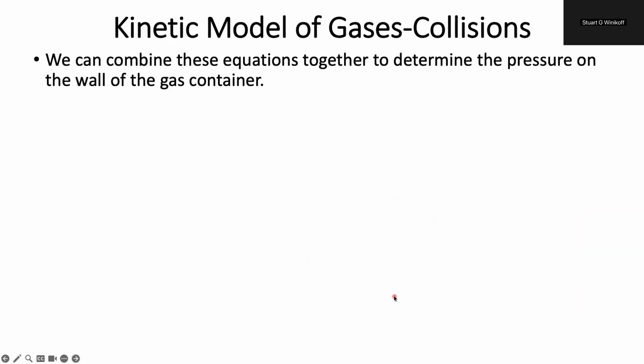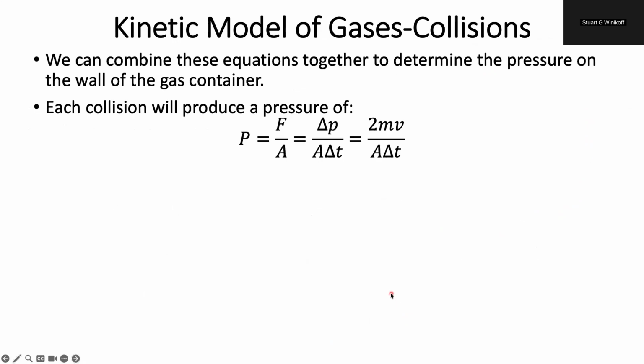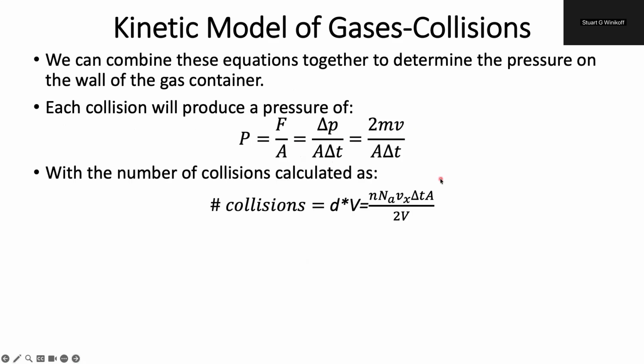Now let's go ahead and combine these equations for our volume and pressure. So again, the pressure is just force over area, which is just momentum over area times the time of collision. And again, the momentum is just 2 times mass times velocity. Now we can go ahead and pair this with our number of collisions.